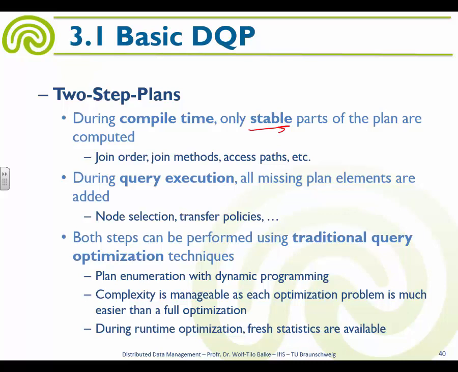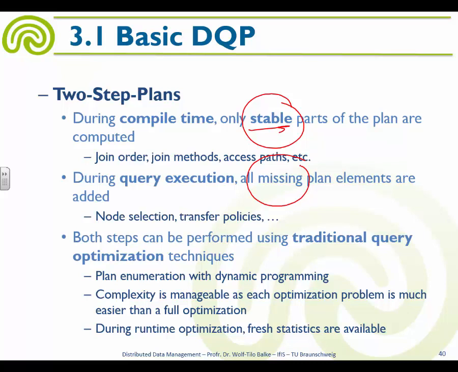And then I will say during compile time, I only will compute the stable parts, a skeleton for the query that is always done like that with the join orders, for example, right? Or the join methods.